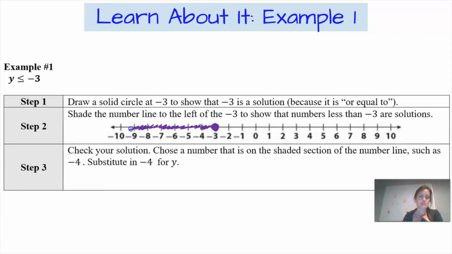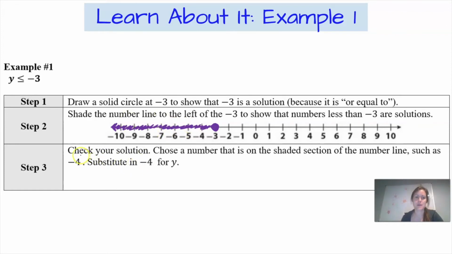So I'm going to shade to the left. So now my inequality is shown on a number line, and what it's saying is that any number that's on the shaded region is a solution to this inequality. So -9 and 5/10, -6 and 2/3, those are all solutions to this inequality.